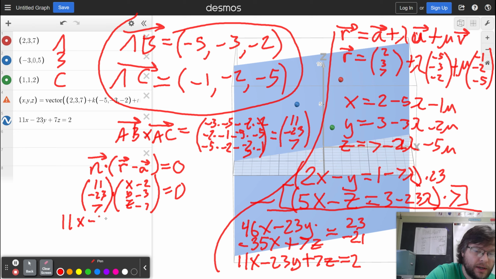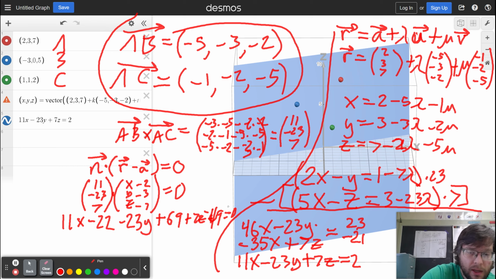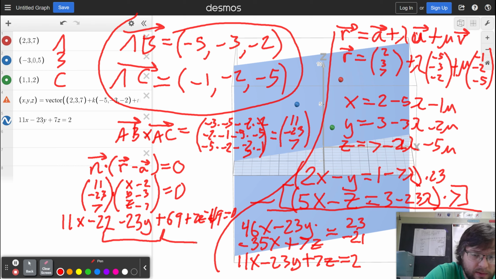Doing the dot product and distributing gives me this. 23 times 3 is 69. 7z minus 49 equals 0. The only last thing to check is we have negative 22 and 69 and negative 49, and that equals negative 2.